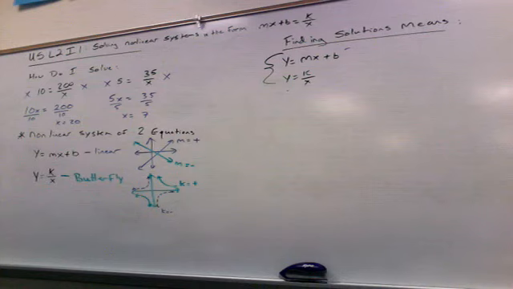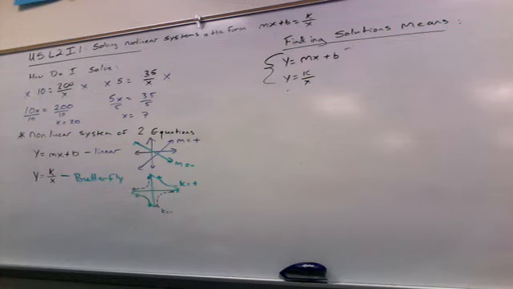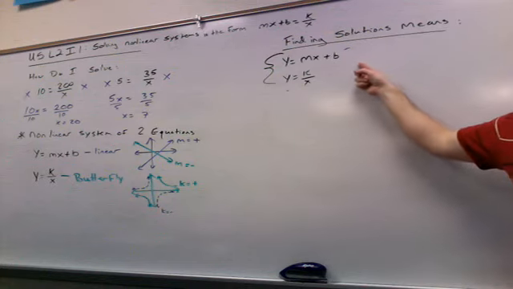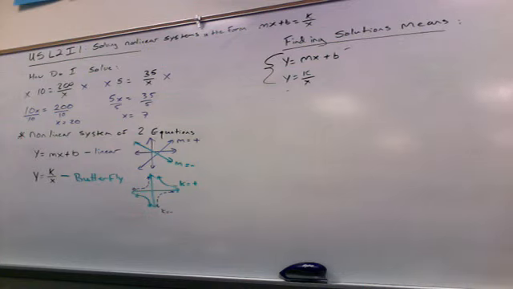What am I doing? All the way back from Unit 1, right? Finding a solution to a system means I'm going to find the x and the y that make both equations true.